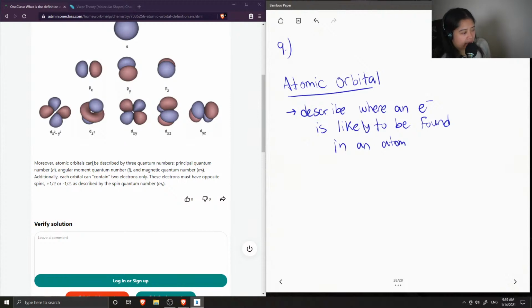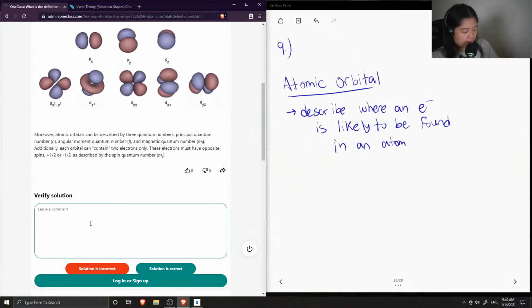Additionally, each orbital can contain 2 electrons only. These electrons must have opposite spins, as described by the spin quantum number. So also, each electron has a specific set of quantum numbers, so you'll never find 2 electrons that have the same quantum numbers in an atom. So that's what kind of makes them unique. So this solution is correct.